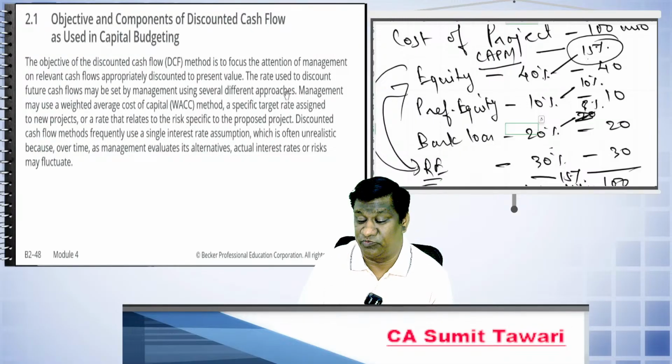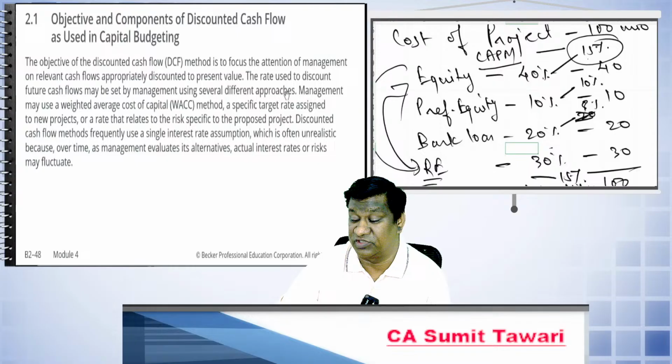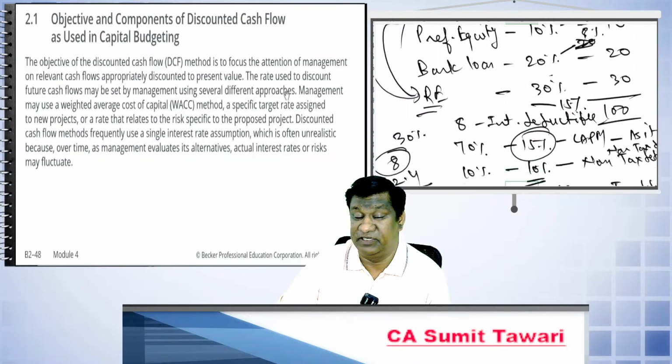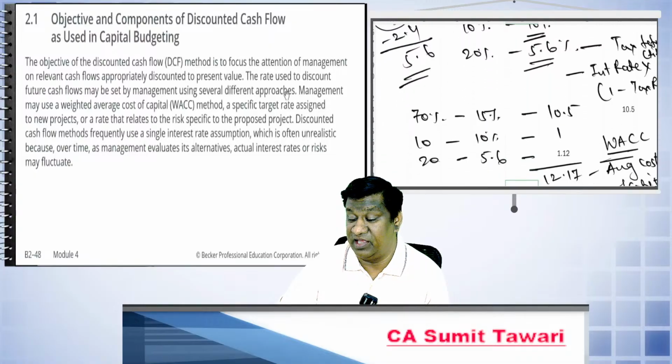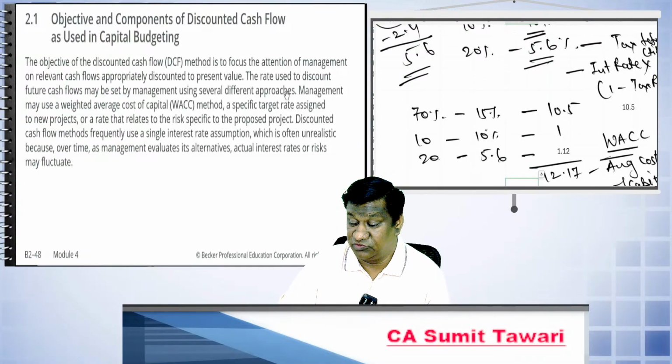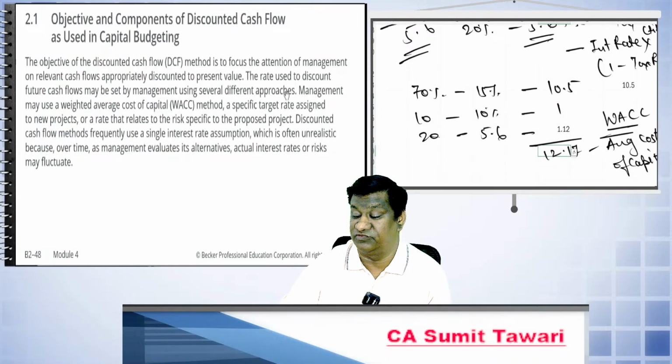So 8 minus 2.4, 5.6% I need to consider as the expected cost of capital for the bank term loan. Then I calculate the weighted average. For 70%, the cost of capital is 15%. For 10%, the cost of capital is 10%. And for the 20%, the cost of capital is 5.6%. So then 10.5 plus 1 plus 1.12, my weighted average cost of capital is 12.17.